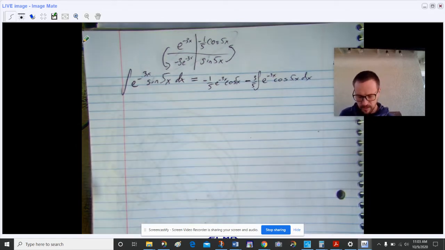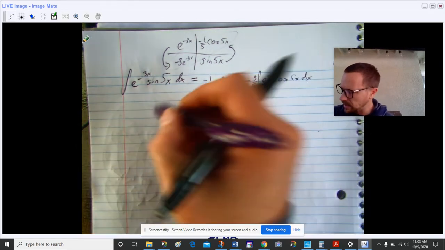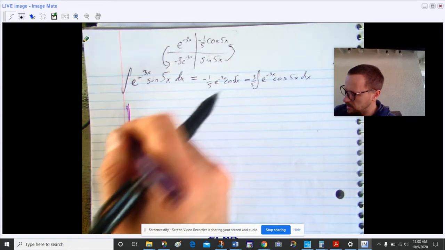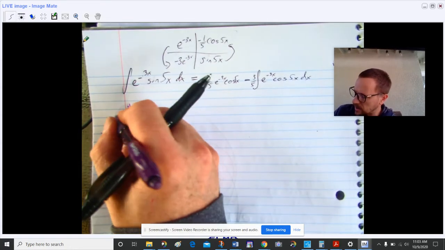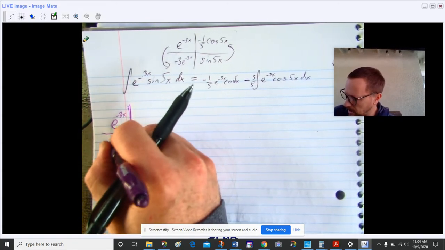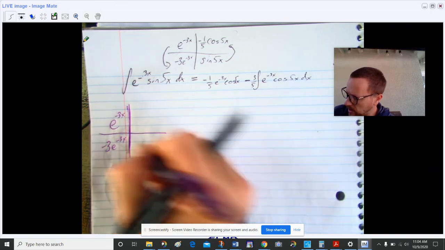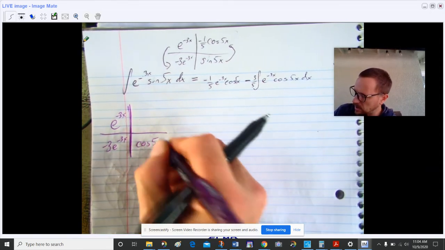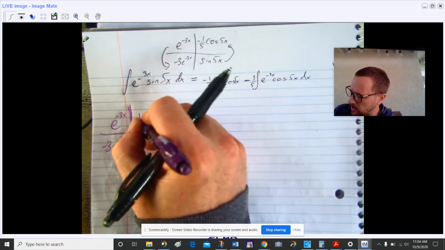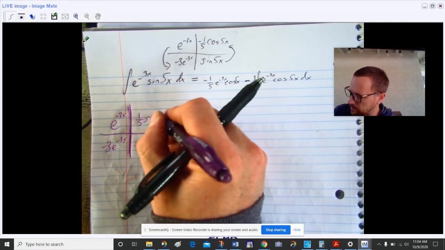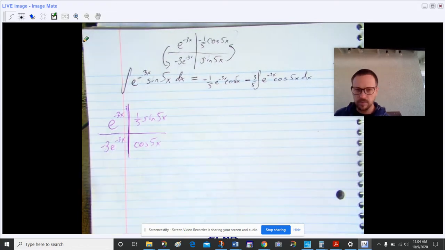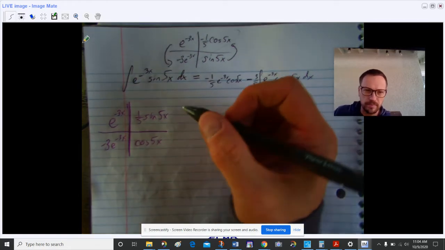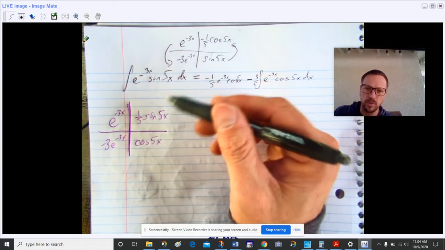And then we can do that yet again. This time, again, we'll go with e to the negative 3x here, so that means negative 3 e to the negative 3x, and we'll go with cosine of 5x here, so then this will be 1/5 sine of 5x. This is the idea as we loop around.